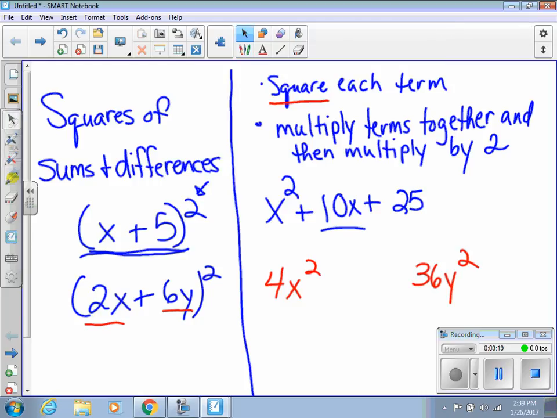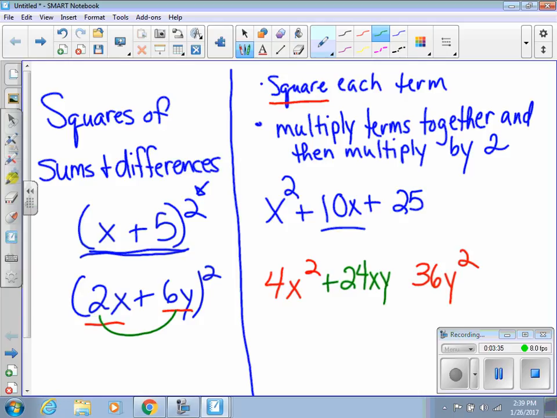Now I'm going to double the terms. So I'm going to multiply them together. 6 times 2 is 12, times 2 is 24xy. Okay?